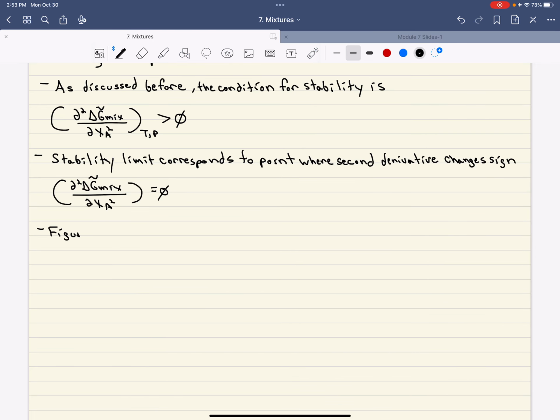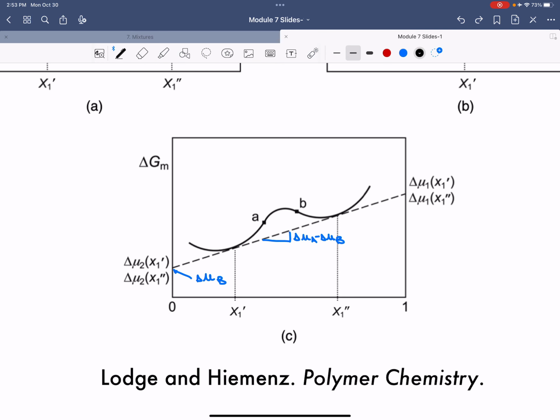The points marked A and B here are where it goes from concave up to concave down. So there must be an inflection point, and A and B mark those inflection points.